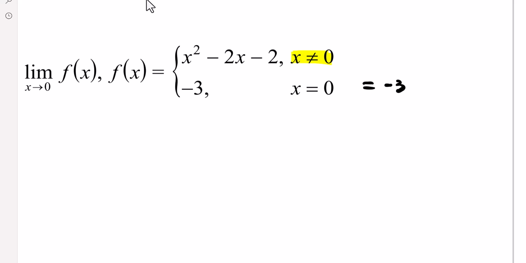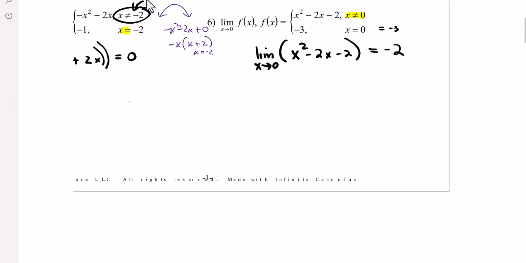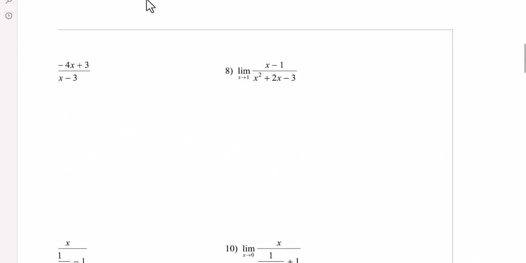So the work, the limit as x approaches 0, x squared minus 2x. And we know that when we substitute zeros in, zeros out, and what you have left is the height of -2. Okay. Now we're going to move down here.